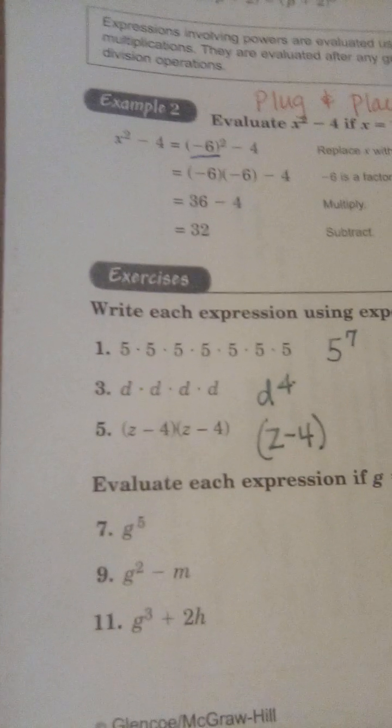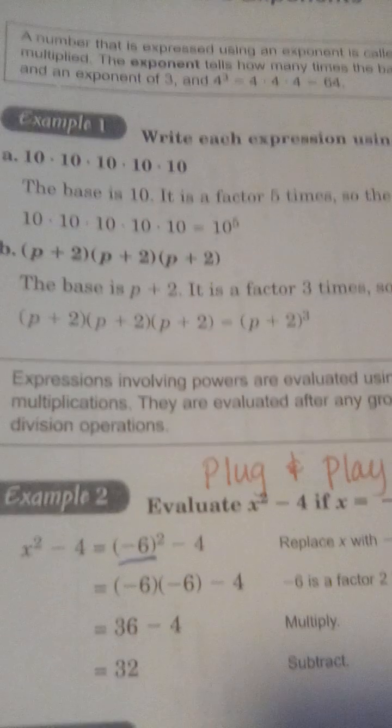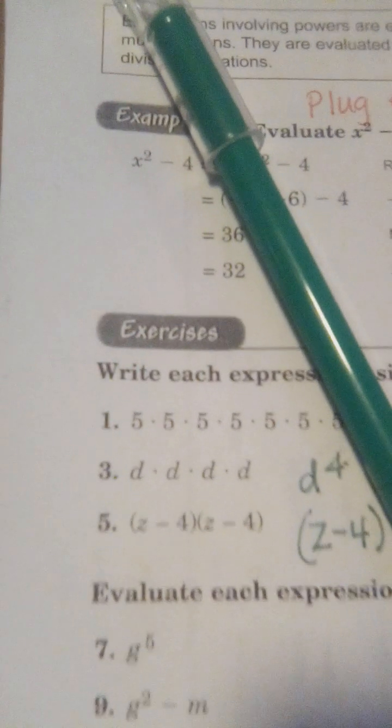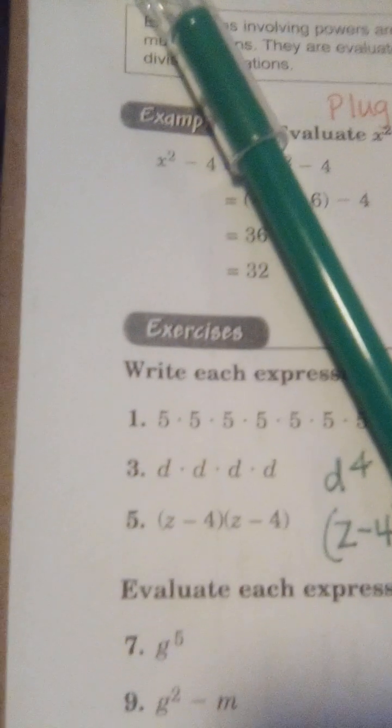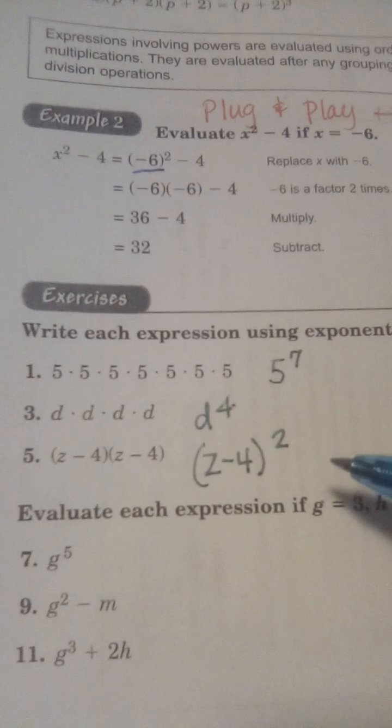How many times does it come out? Twice. See? Like that. It's almost similar, but with different variables and signs. Any questions on number 5? All right, let's go on.